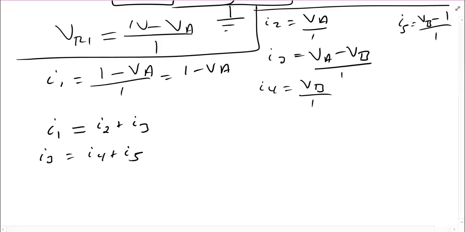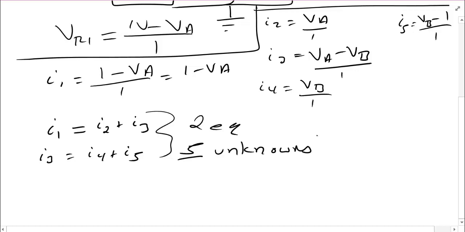I'm going to substitute these now into equations using the unknown nodal voltages. Why am I doing that? Well, here I have 2 equations, but 5 unknowns. I can't solve for this.